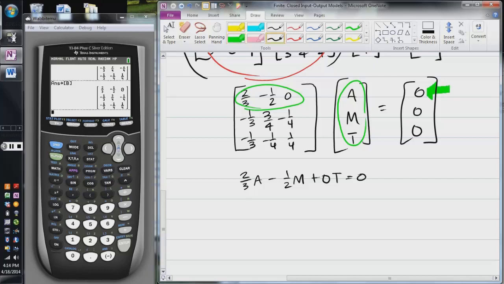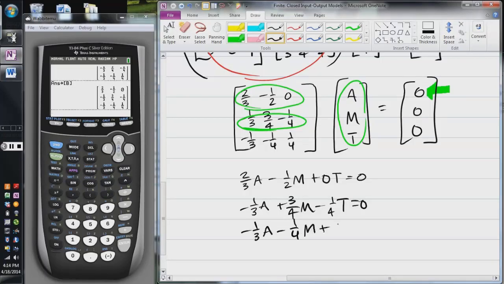Looking at the second column, I have negative 1/3 A plus 3/4 M minus 1/4 T equals 0. And then the last one I have negative 1/3 A minus 1/4 M plus 1/4 T equals 0.